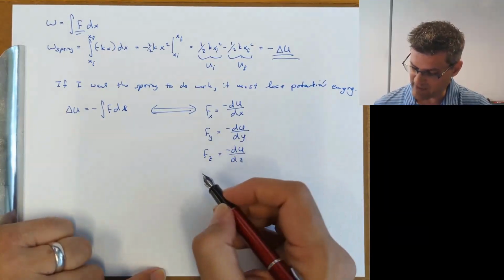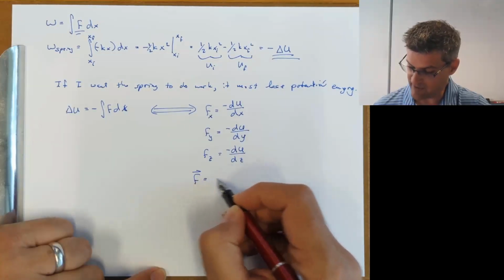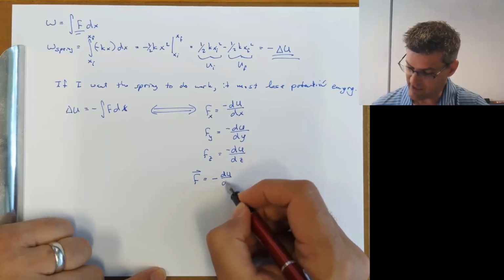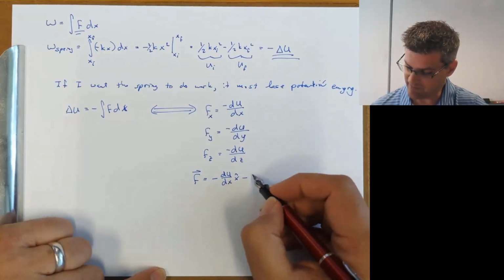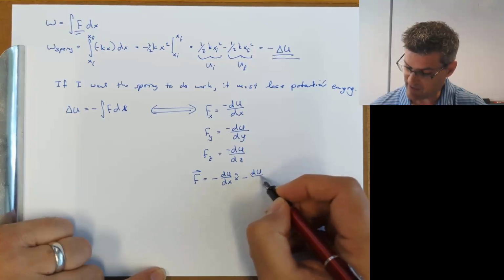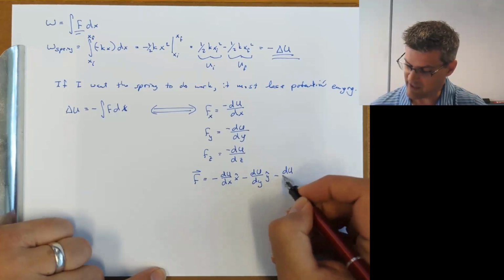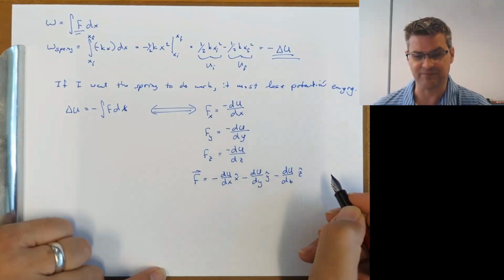And so we get this vector property force by taking the negative change in potential energy with respect to x in the x direction, change in potential energy with respect to y in the y direction, change in potential energy with respect to z in the z direction.